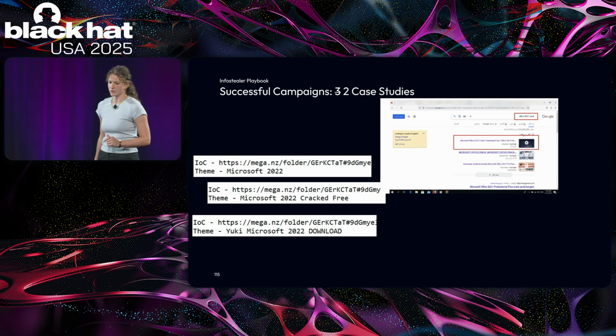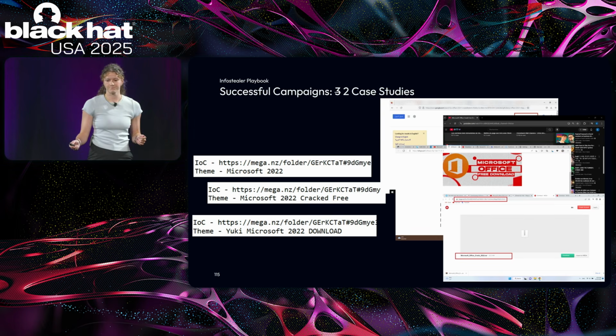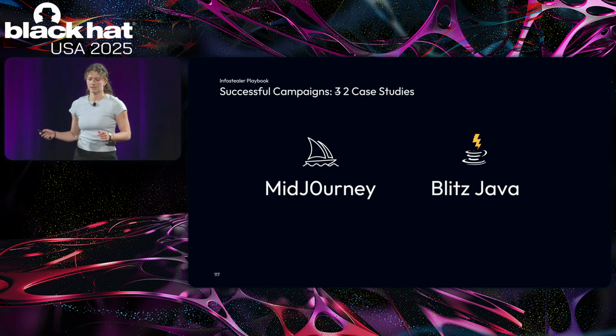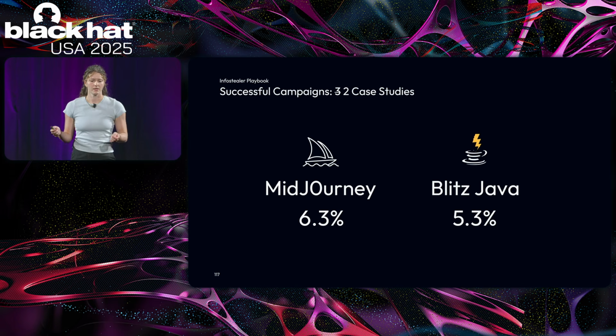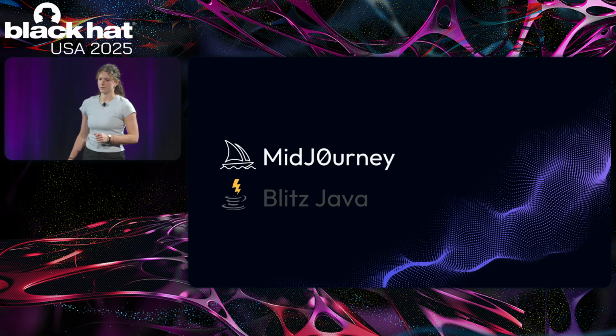And when we looked at the screenshots, we could piece together the history behind what happened. On top of this, both campaigns were omnipresent in the screenshots analyzed. They consisted of more than 5 and 6% of all infections we had. So we decided to show them to you guys.